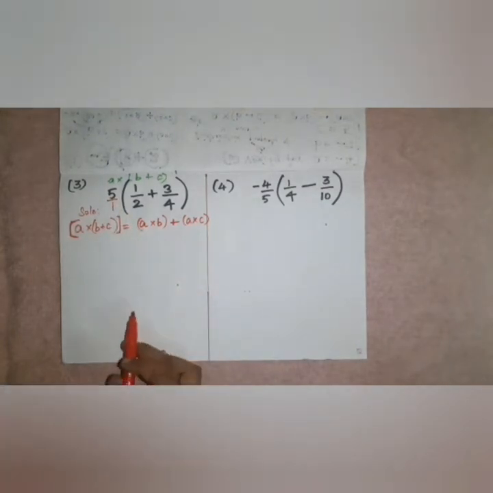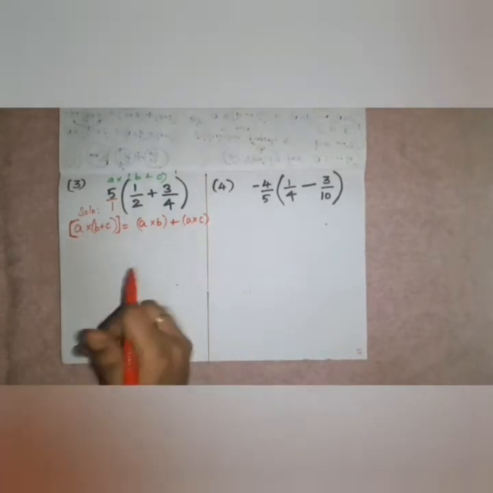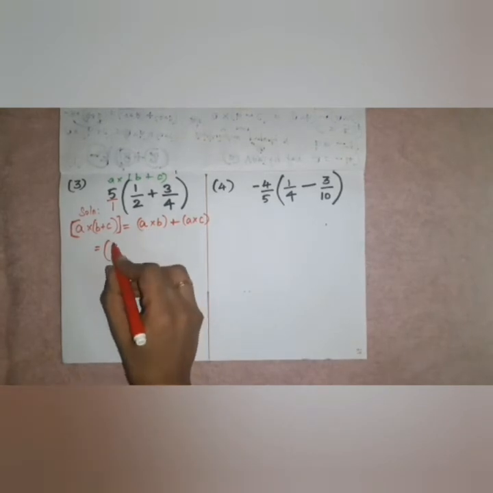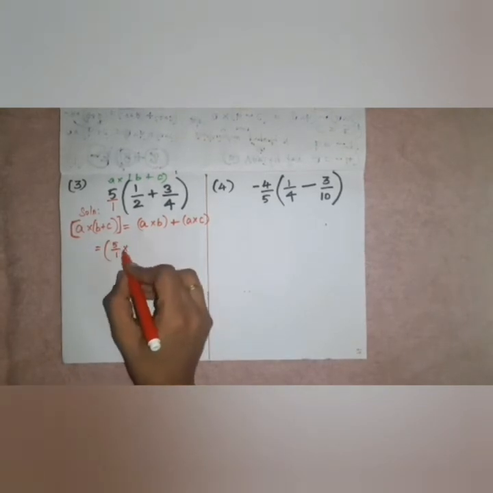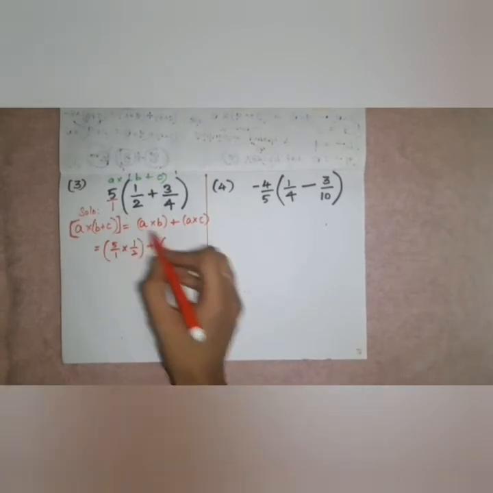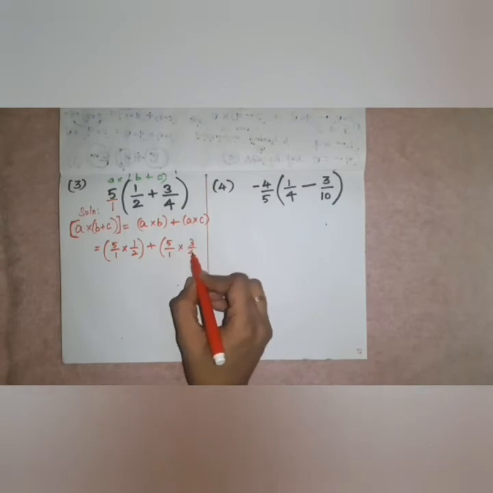So I'm going to write the left hand side, and we will do it for the right hand side. A is 5, so we write it as 5 by 1. 5 by 1 into 1 by 2 plus 5 by 1 into 3 by 4.